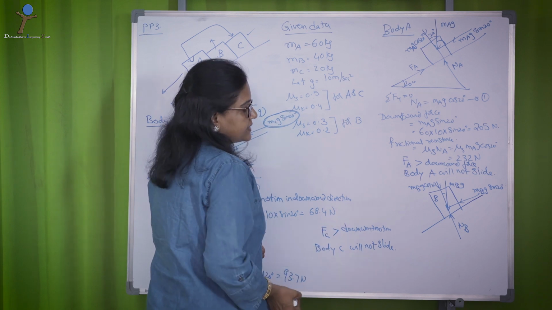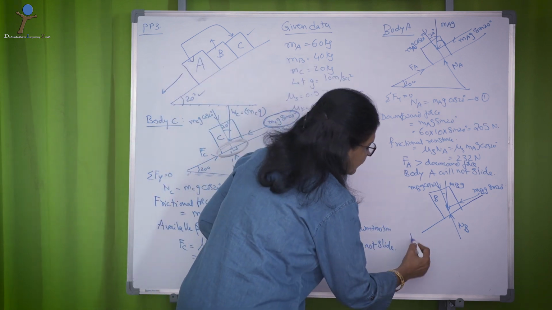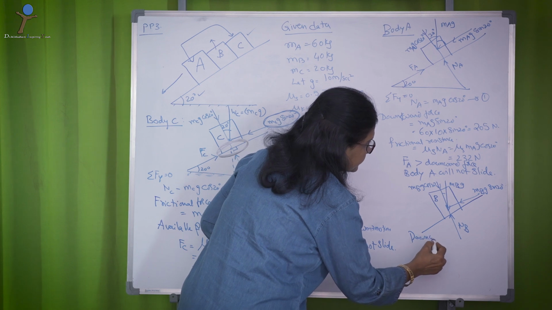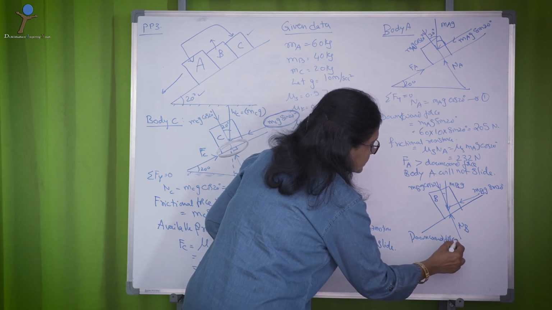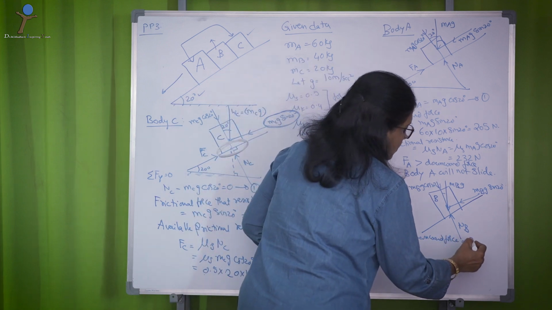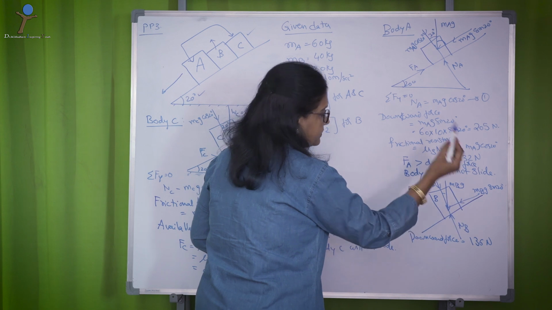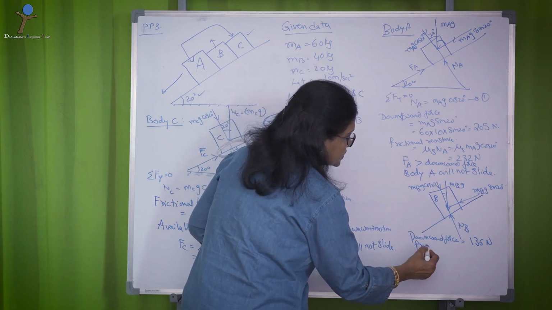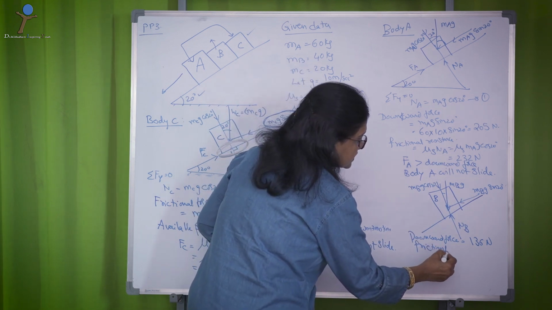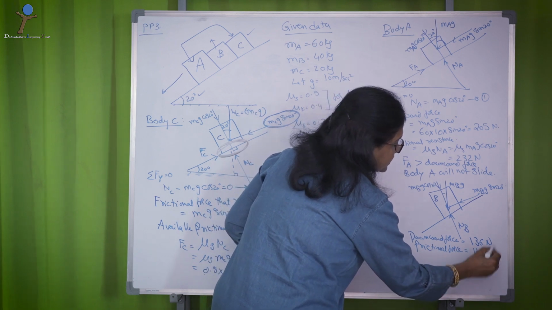Now, if you calculate in this particular case, the downward force happens to be 136 newtons for this value, and frictional force happens to be around 112 newtons.